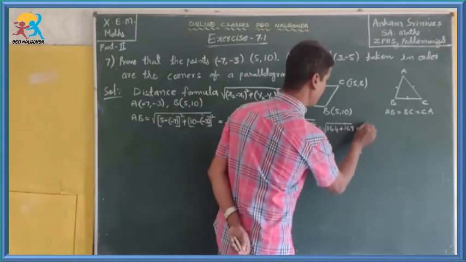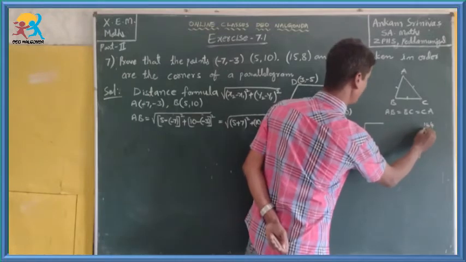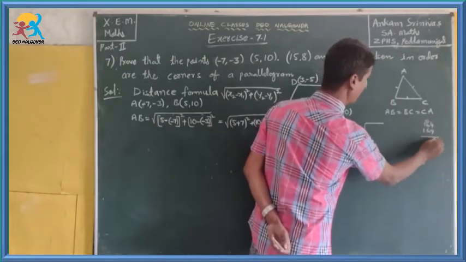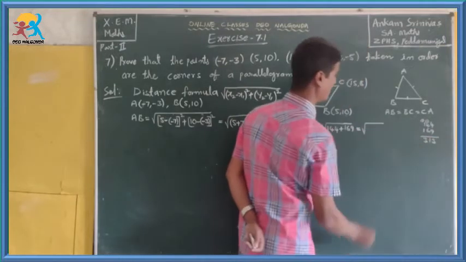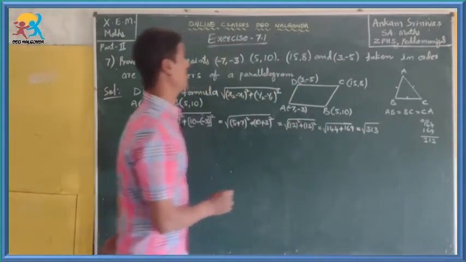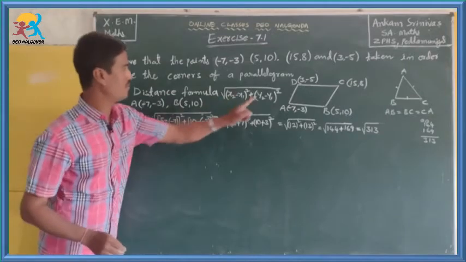So how much will we get, children? 144 plus 169, 313. So square root of 313 units is the length of AB. Now find the length of BC.